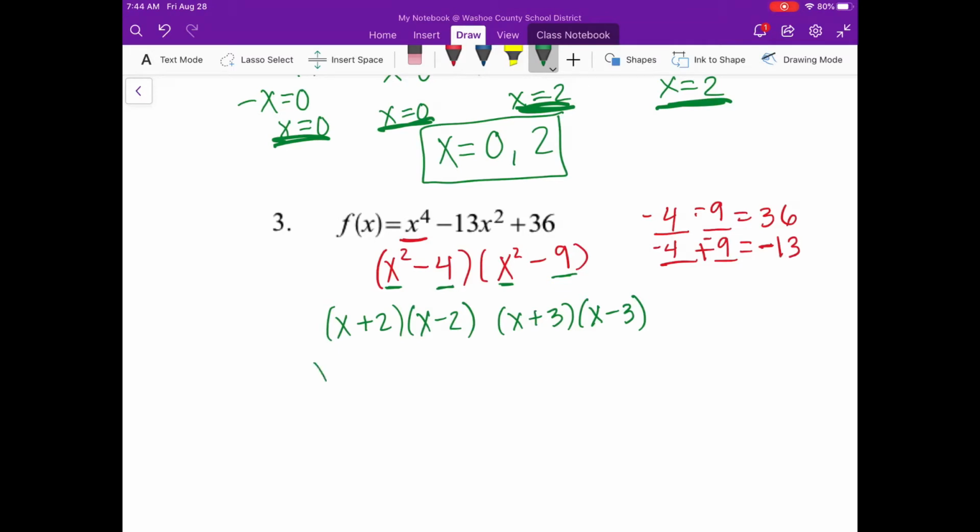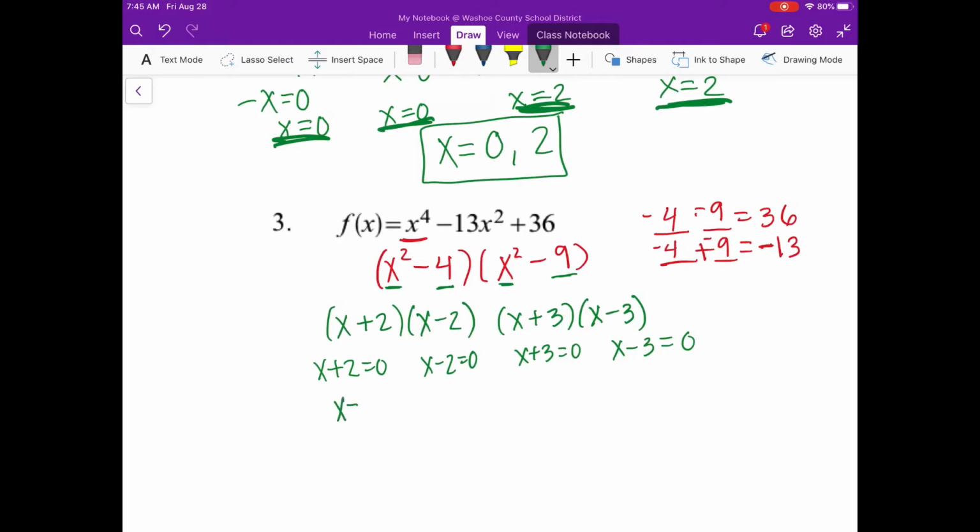Okay? Then you're going to set each factor equal to 0. x minus 2 equals 0, x plus 3 equals 0, x minus 3 equals 0. This step where you're setting them equal to 0 is not always necessary if you understand how to solve for the x there.